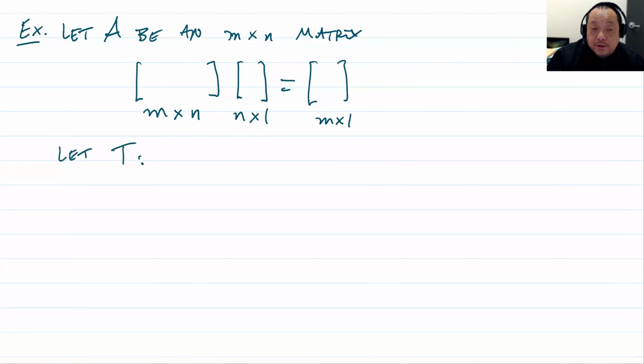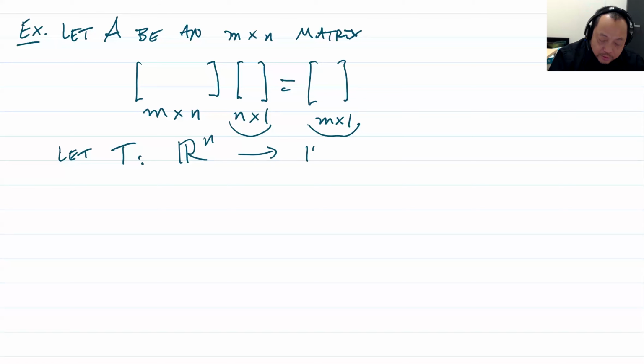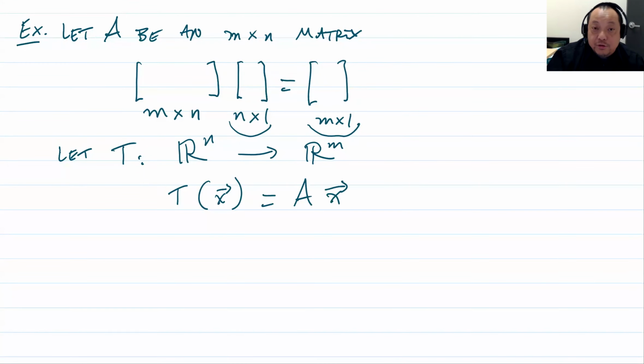If I'm going to call this a transformation, then it has to go from this space and result in that space. So T will have to go from R^n to R^m, and I define it as T of a vector x: take the matrix A and multiply by that x. I'm going to prove that this T is a linear transformation.